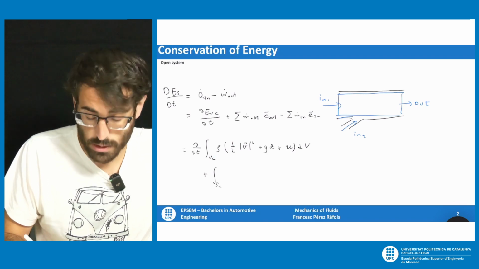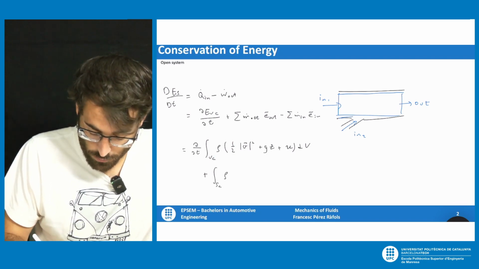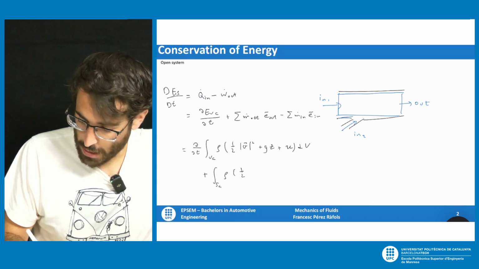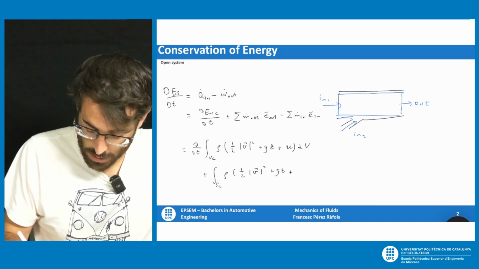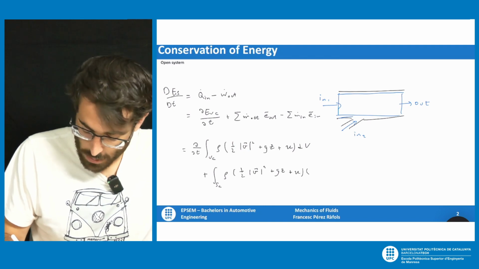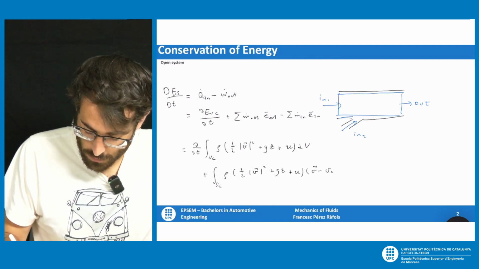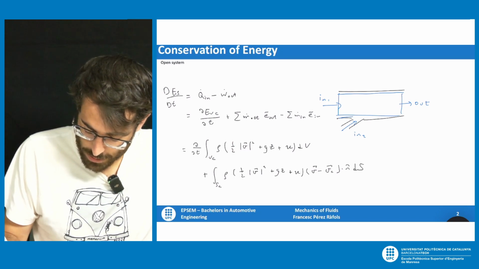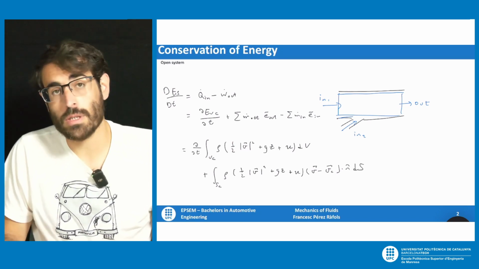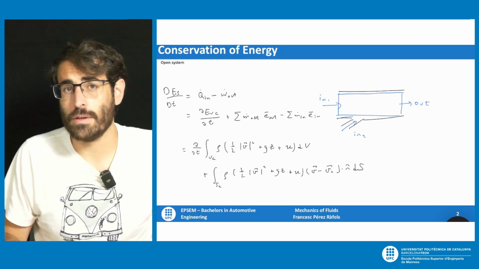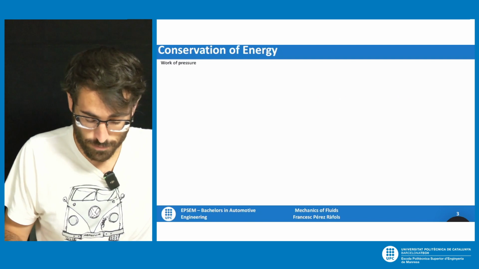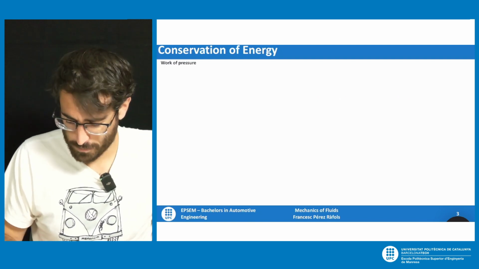In full generality, they are the integral over the surface of rho, and then 1/2, and again the same, v squared plus gc plus u, and then times (v minus vc) dot n dS. And of course, this is perfectly valid. However, we'll see that there is a form that is slightly more convenient. So let's look at it.